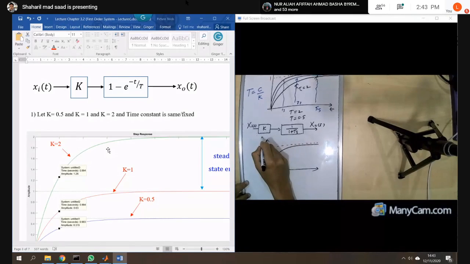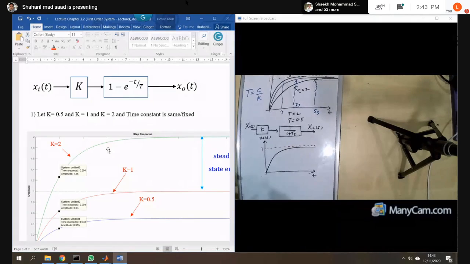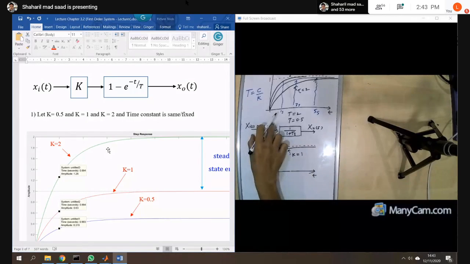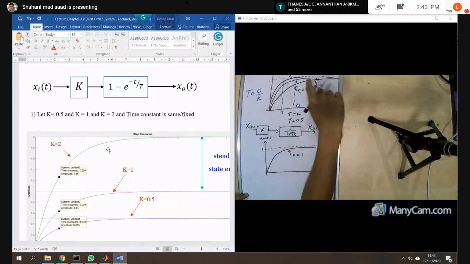Okay, so this one, the one you want to achieve 1. When k equals 1, that means your controller is equal to 1. You don't do anything, okay? So you will get the same graph as this one.